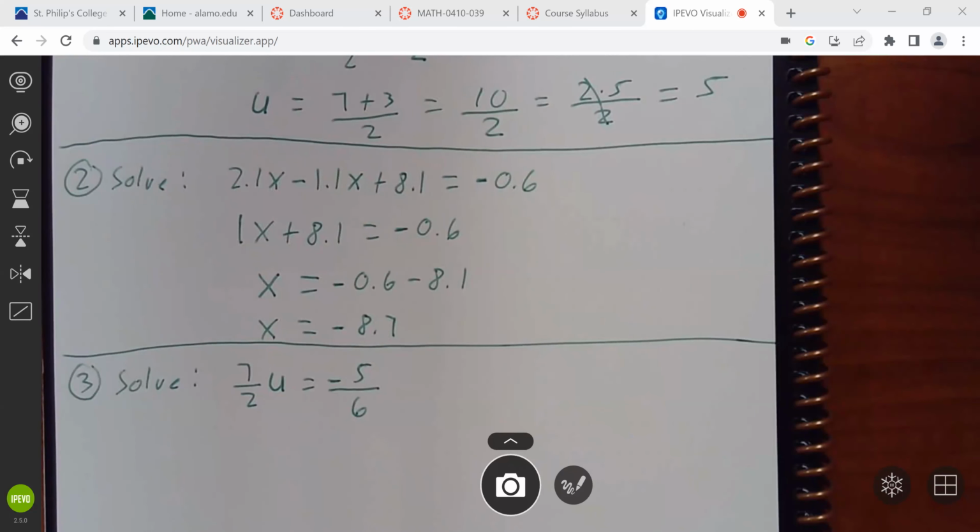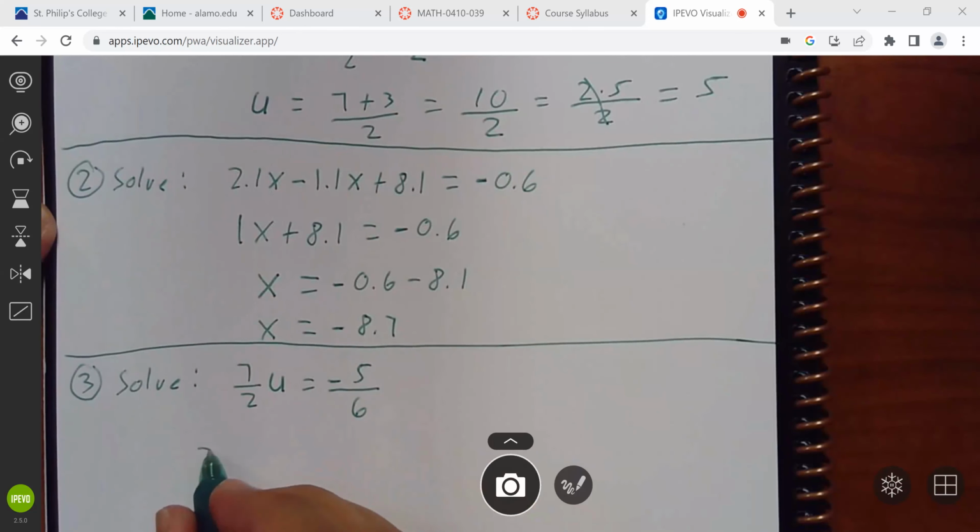Oh, divide. You can divide by 7/2, or you can multiply by the reciprocal. That would save you one step. But if you did divide by 7/2, that would be okay.